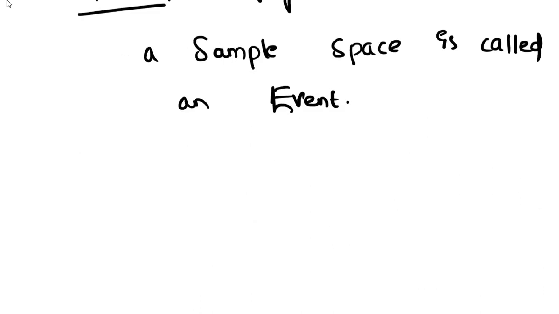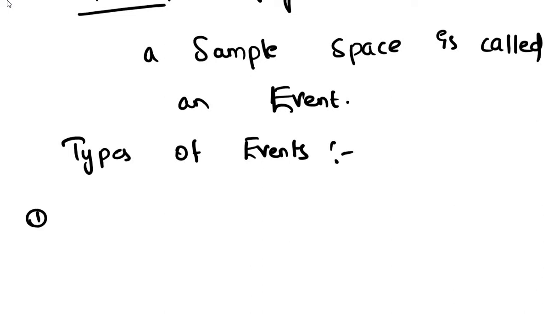Now, what are the types of events? First one is impossible events. Impossible events are nothing but the empty set phi.